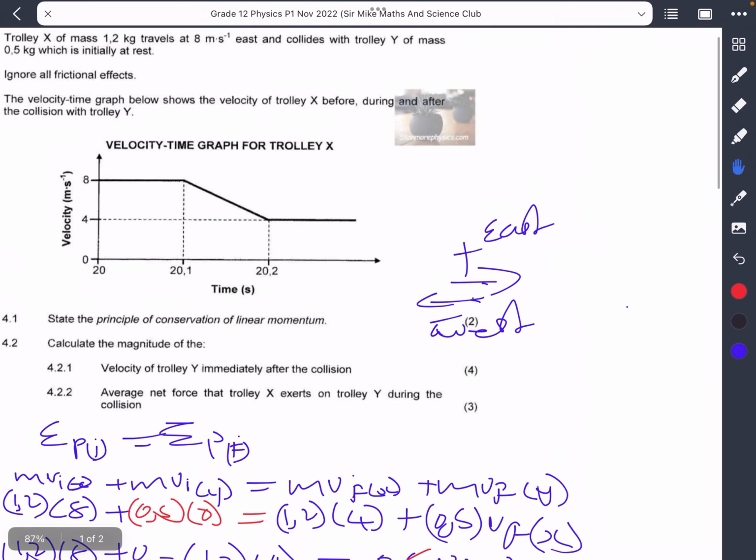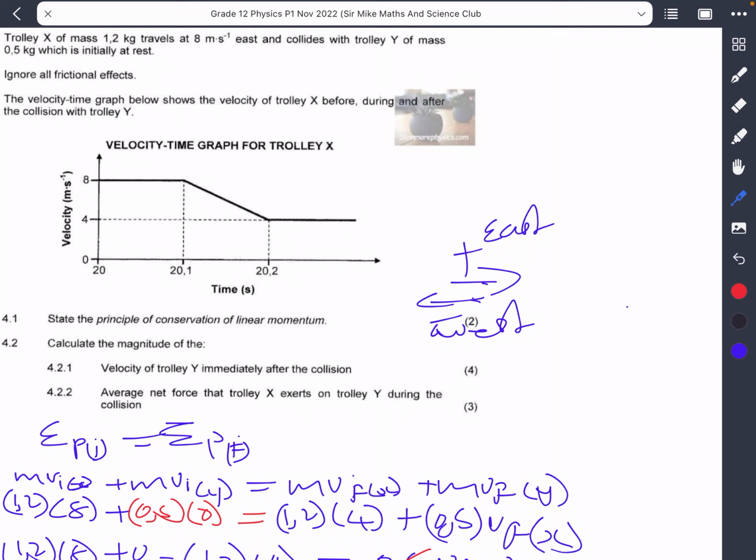You just take the difference between those two points, so this would be the time after the collision minus the time before. During the collision, that was actually 0.1, in this case 20.2 minus 20.1. So that actually gives us 0.1. So the time would be 0.1.